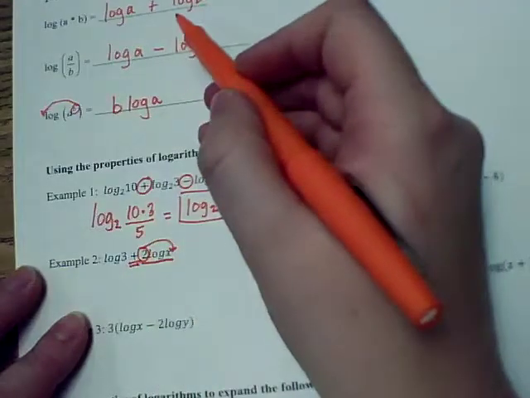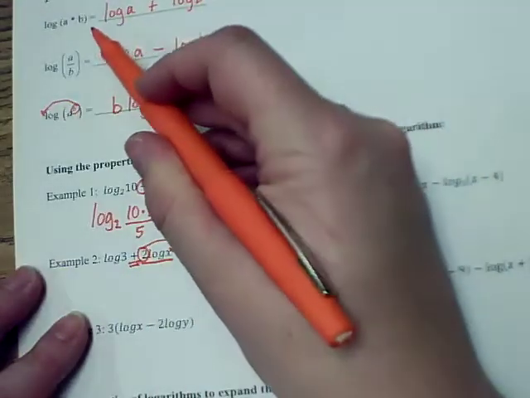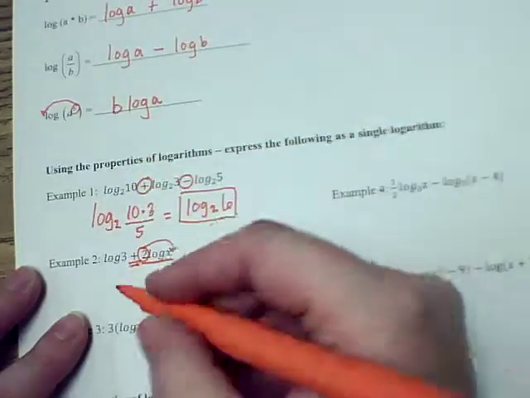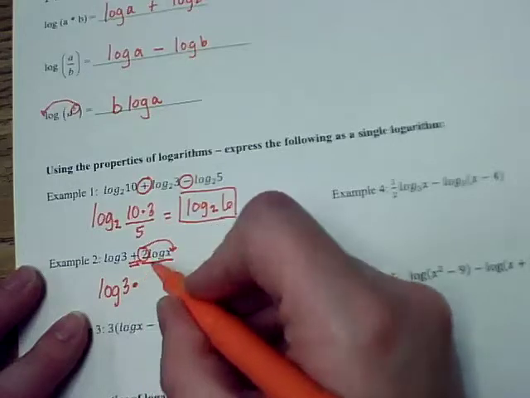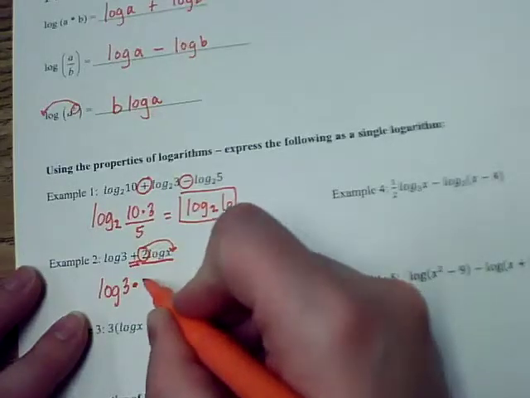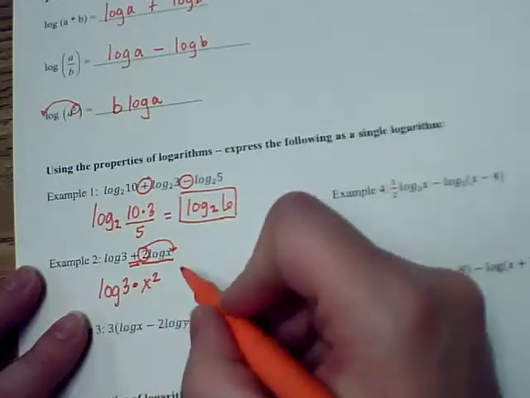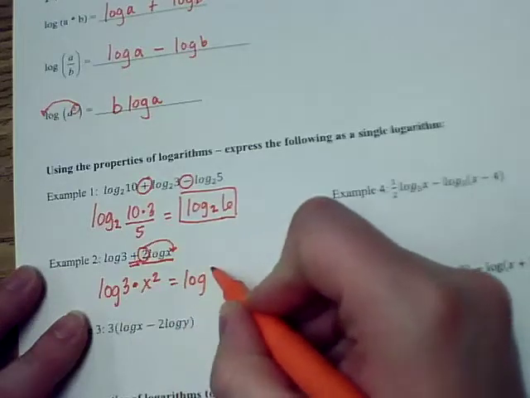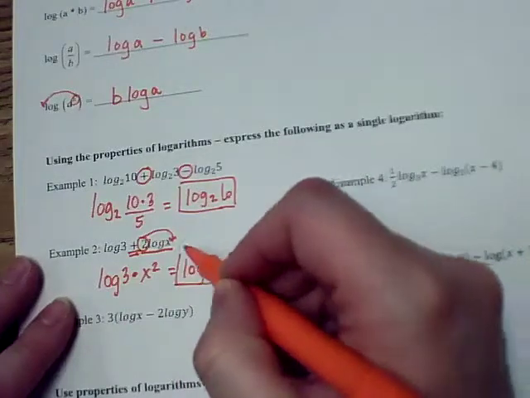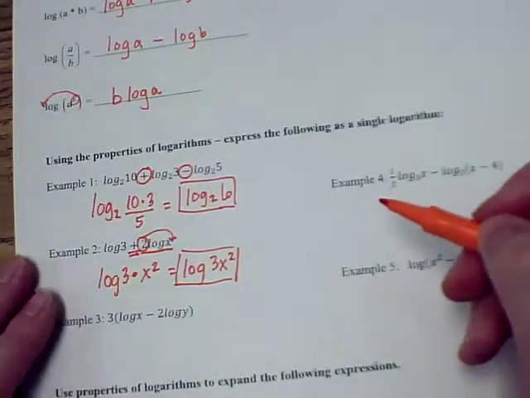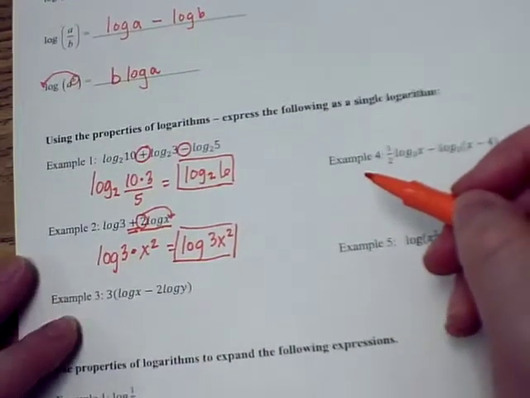So the plus meant up here to multiply when I condense it. So I'm going to have log 3 times, and since I moved that 2 to be an exponent, x squared. So you could just rewrite it as log 3x squared. And since the base is not written, remember that it is implied to be base 10.